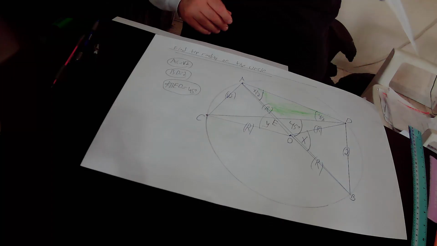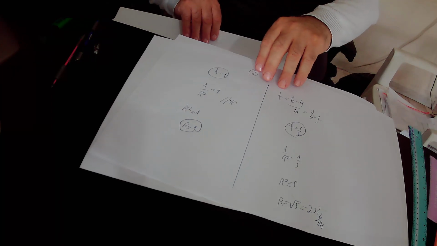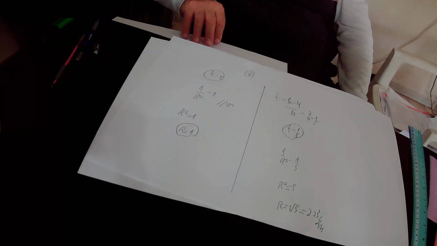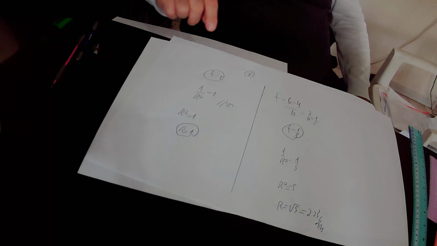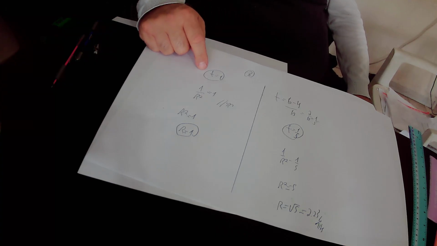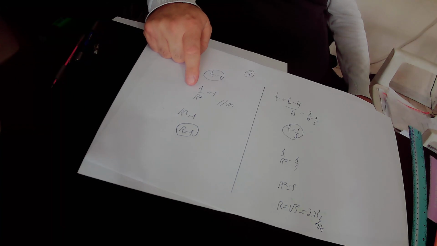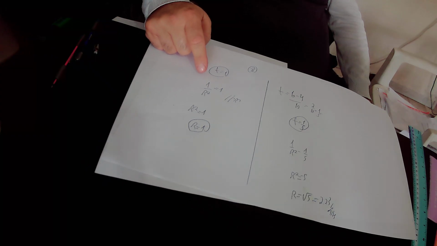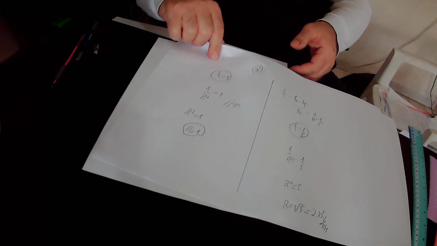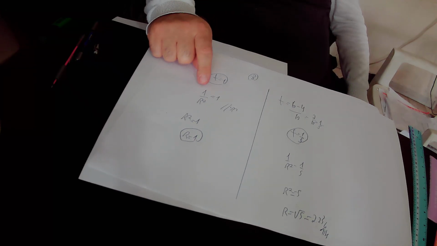According to our definition, t equals 1 over r squared, so we substitute t by 1 over r squared and find that 1 over r squared equals 1.